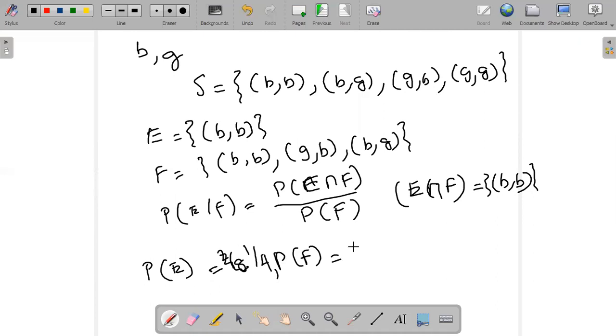P of F is 3 by 4. And P of E intersection F is 1 by 4. So let us substitute that: 1 by 4 divided by 3 by 4.